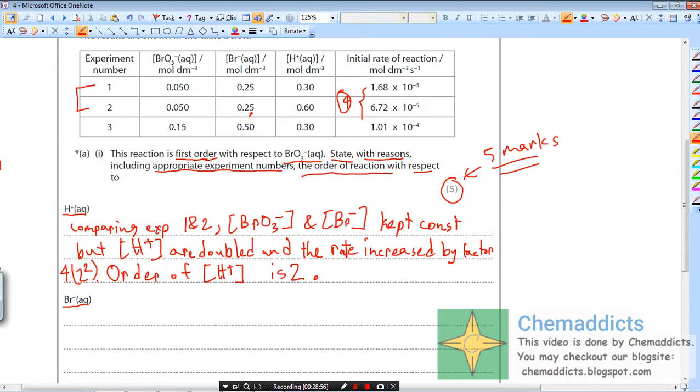So let us read it once again. Now I have written it in correct order. Comparing experiment 1 and 2, bromate and bromide kept constant, but H plus ion are doubled and the rate increased by the factor of 4. So the order of H plus is 2. Okay, that's totally fine.